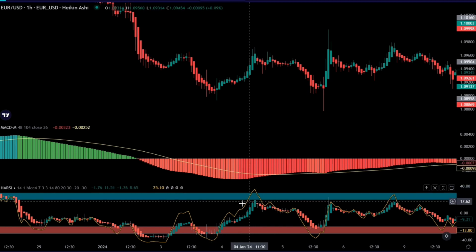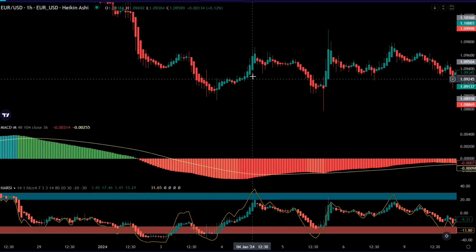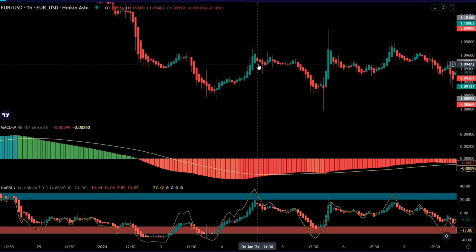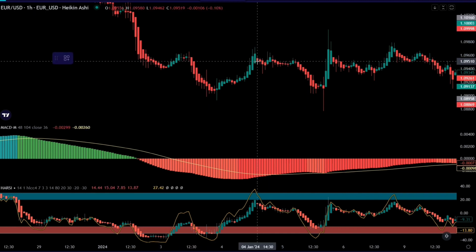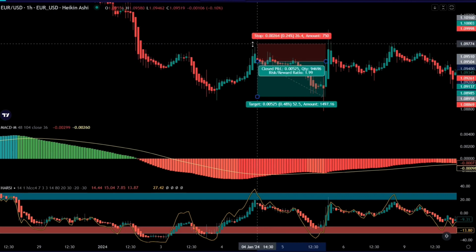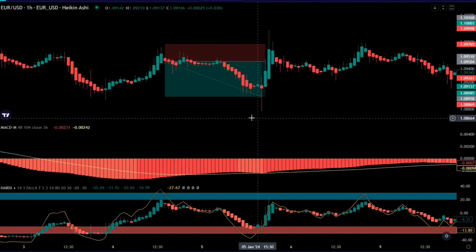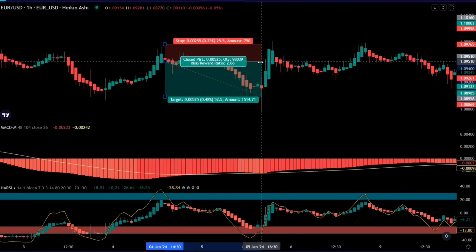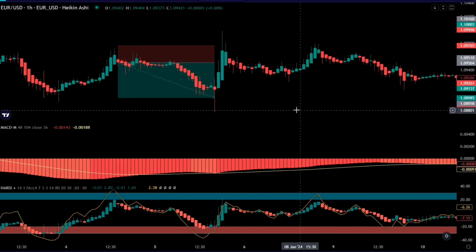For example, here the RSI touched the blue line, the histogram is red, and the Heikin color changed, and you can start your short trade here. Stop loss above the swing, and risk reward ratio 2. Here is your target.